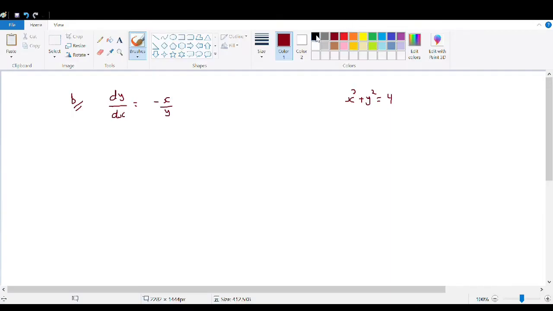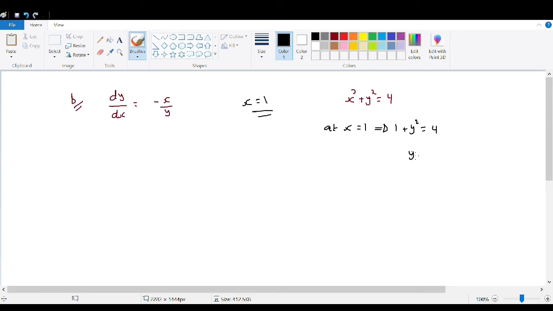To find the slope at x equals 1, we are given that x equals 1, and we need to find the slope. First, we know that the slope is dy over dx. For x we will replace x by 1, but for y we need to find it from here. So at x equals 1, we have 1 squared, which is 1, plus y squared equals 4.